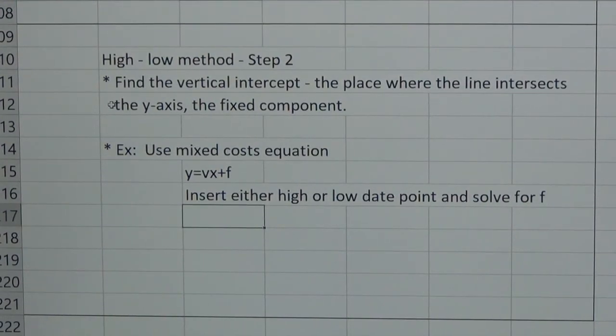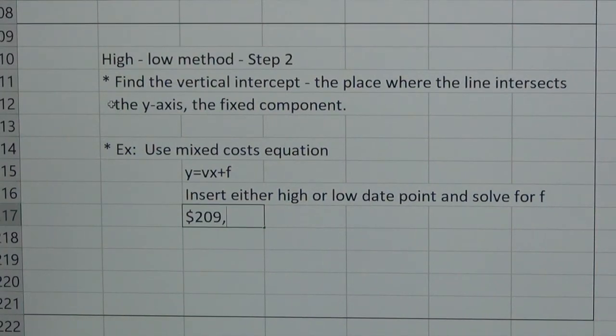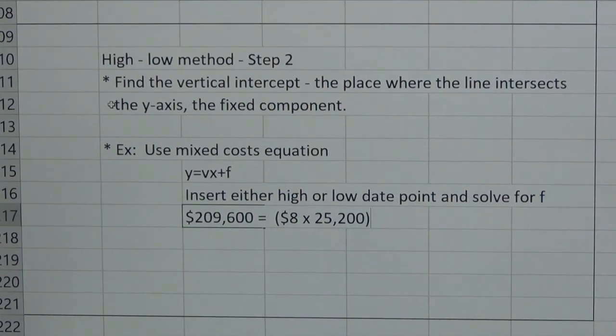Using the previous example, y, from the data that we have, is 209,600. You can go back in the slides to look. That equals $8, which is what we figured out earlier, times 25,200, plus the fixed cost.